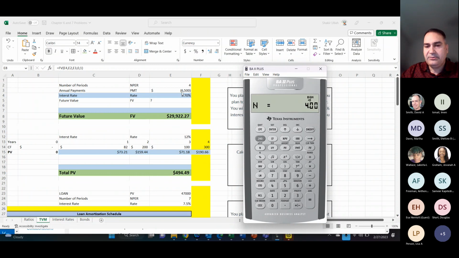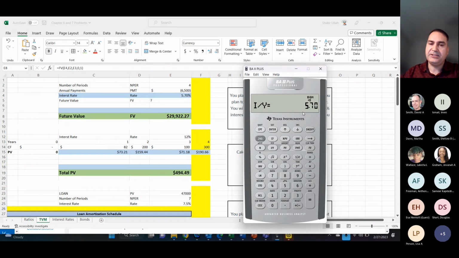Second is 6,500, and that is the payment, the PMT. Okay, that is registered. And 5.7 is the interest rate. I hope you remember when I told you that when you give the interest rate to the calculator, just give it 5.7 instead of 5.7%. So that is I/Y in our calculator, and it's registered right here.